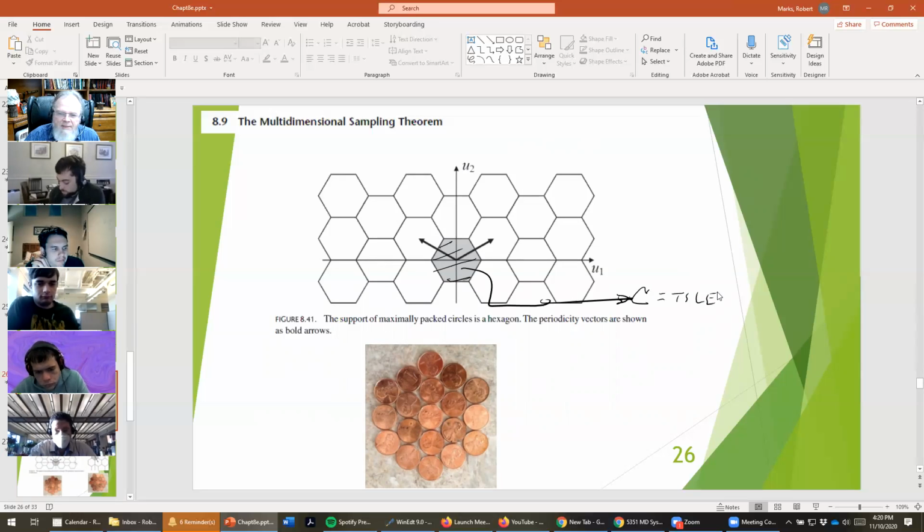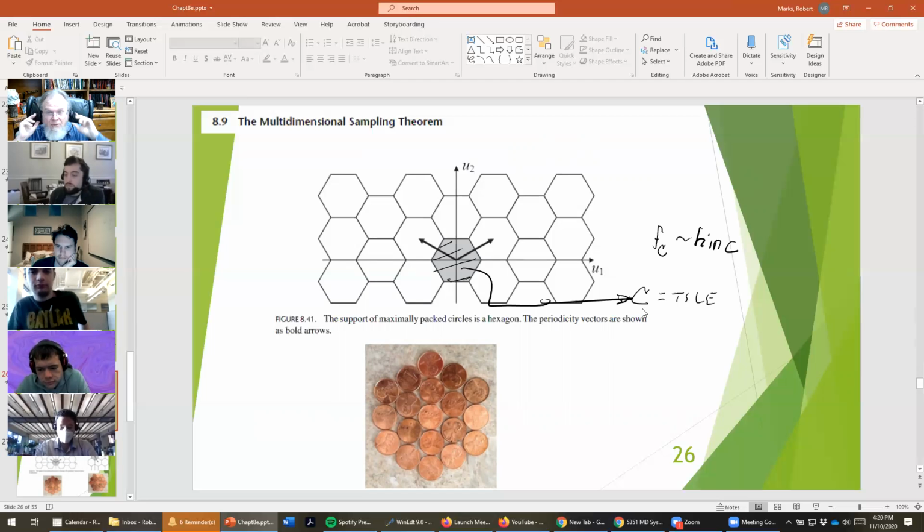If you have a hexagonal tile here, then what would the inverse Fourier transform be? Well, it'd be like the homework problem, wouldn't it? It'd be the inverse Fourier transform of a hexagon, which I think we called a hink, right? So that would be the reason that you want to derive the hink in order to get the interpolation function if you had a hexagonal replication.